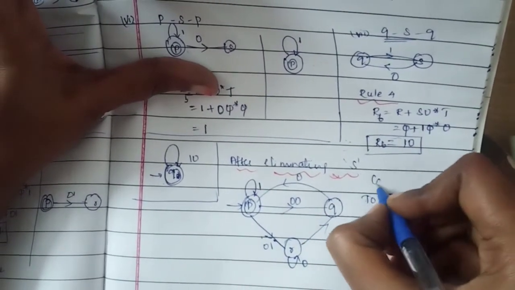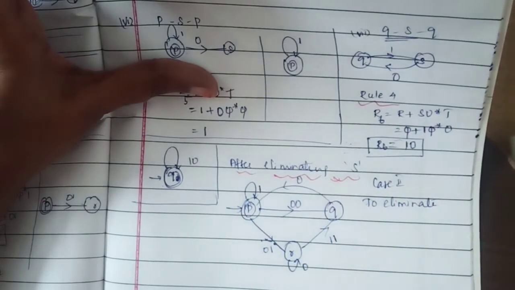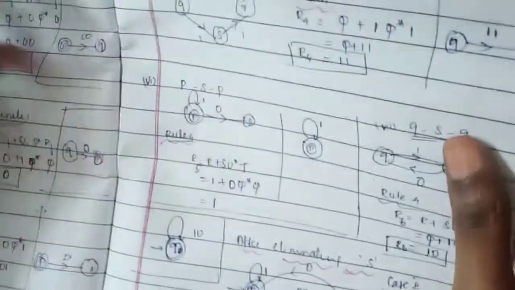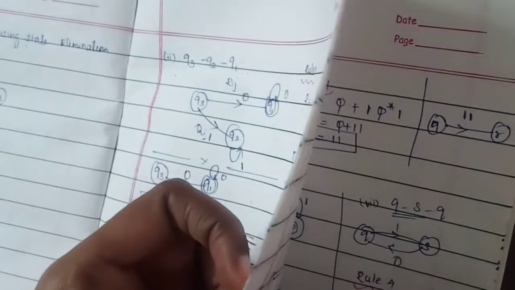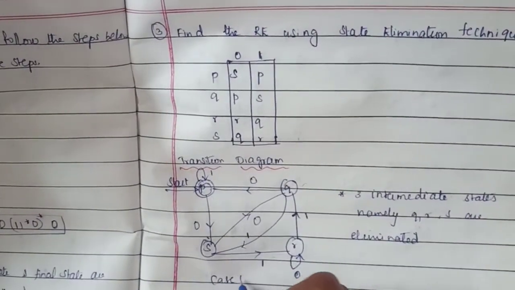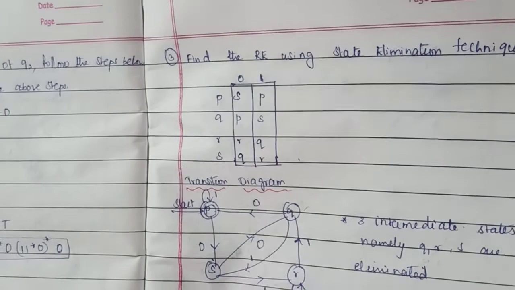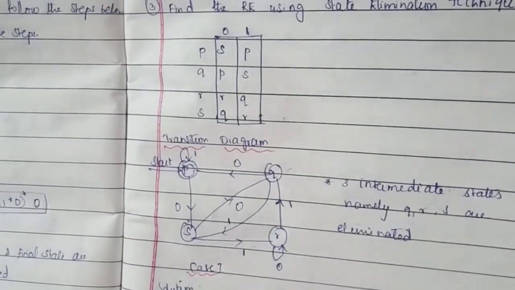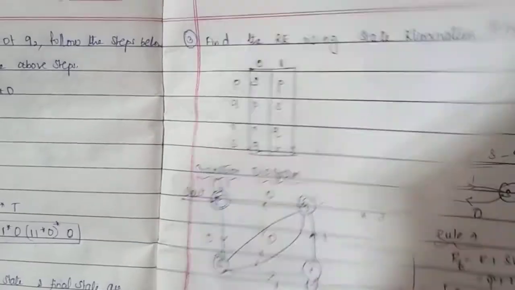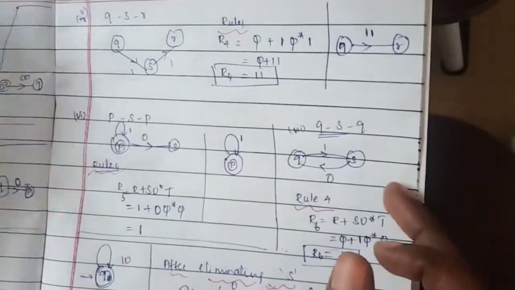Actually, this is case 2, right? This is case 2, and we have found out case 1 so far, right? So this is our case 1. So this is case 1 here. Okay. So now to eliminate R.